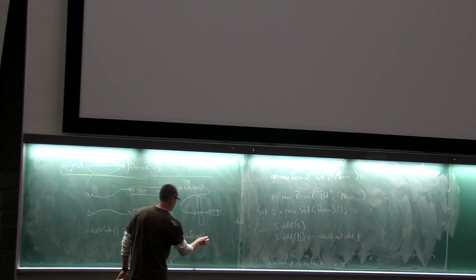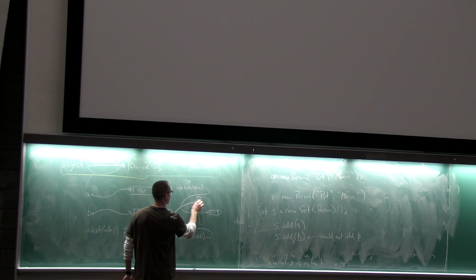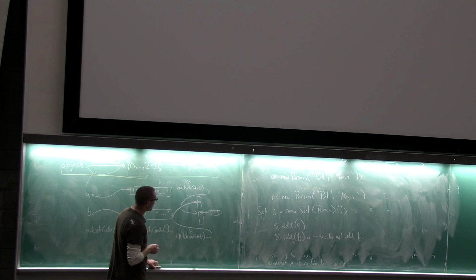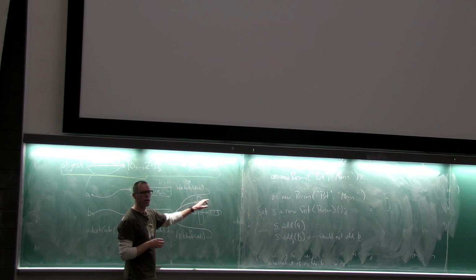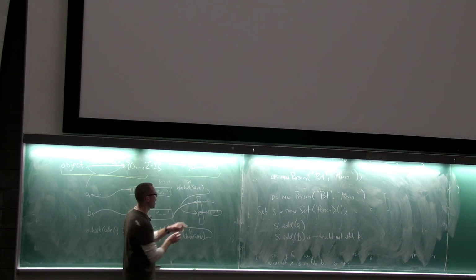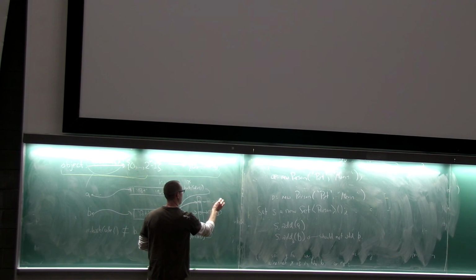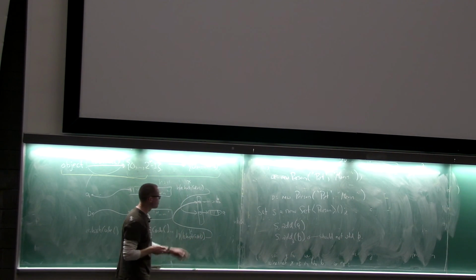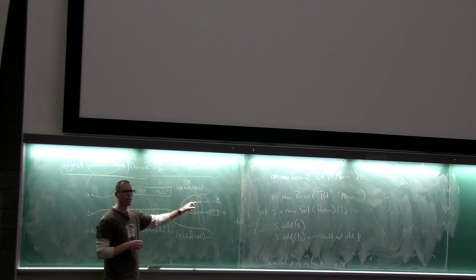So the table says, okay, that one goes over here in this list. We make sure we're not adding a duplicate by looking at the elements in this list. None of them is equal to this, so we add it to the end. So now we have both B and A stored in this hash table, and that should never have happened.